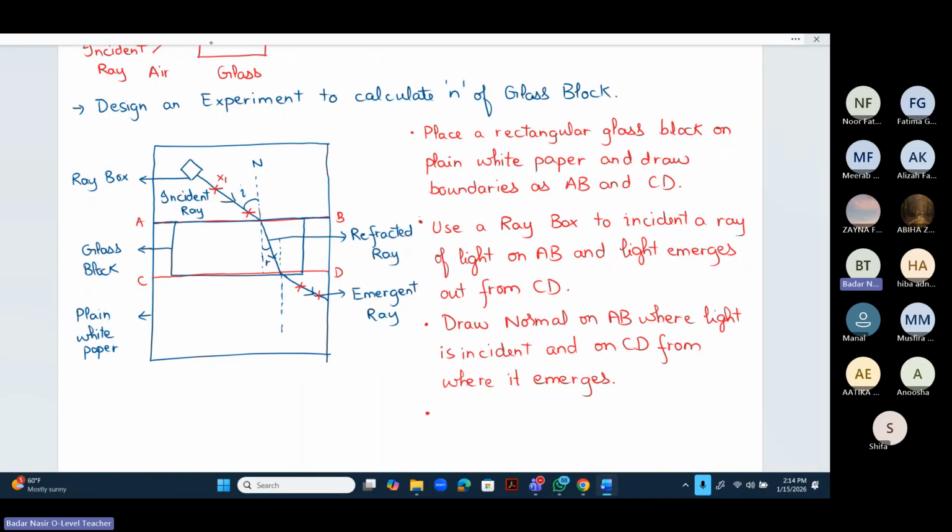These are the crosses या pins कह लो. ठीक है, so place two crosses on the incident ray and two crosses on the emergent ray. तो हमने दो क्रॉसेस इन पे मार्क कर लिए and you can join the crosses together to draw the incident and emergent rays. ठीक है, तो इनको जब आप ज्वाइन कर लोगे तो you will have the incident ray and the normal points. अच्छा, ये जो पॉइंट where the light was incident on the surface AB, let me call it point X, and from where the light ray just comes out, उसको मैं point Y कर देता हूं.